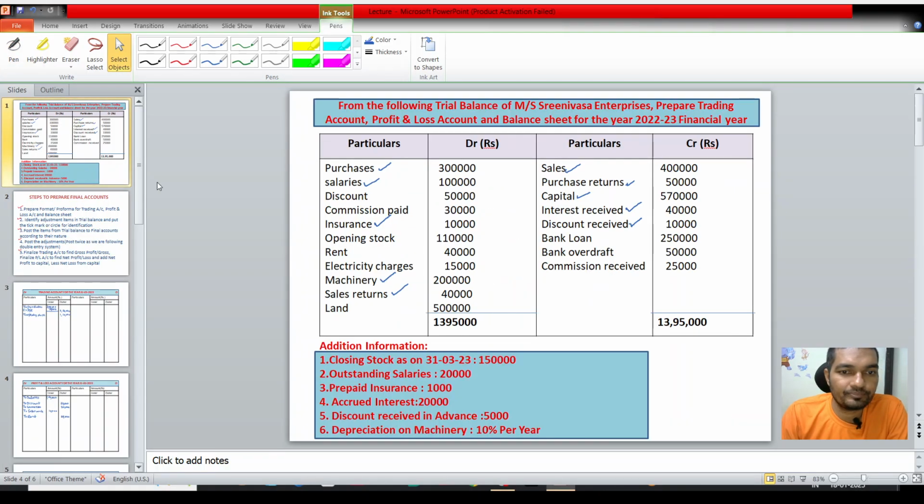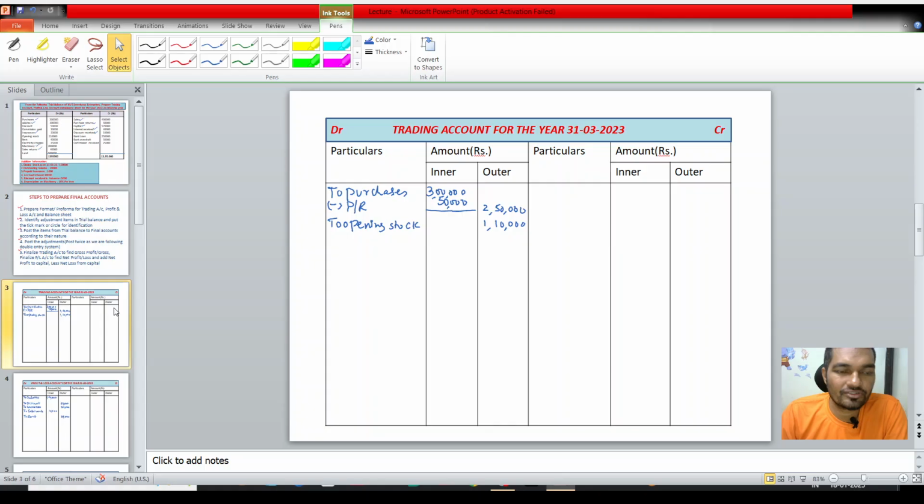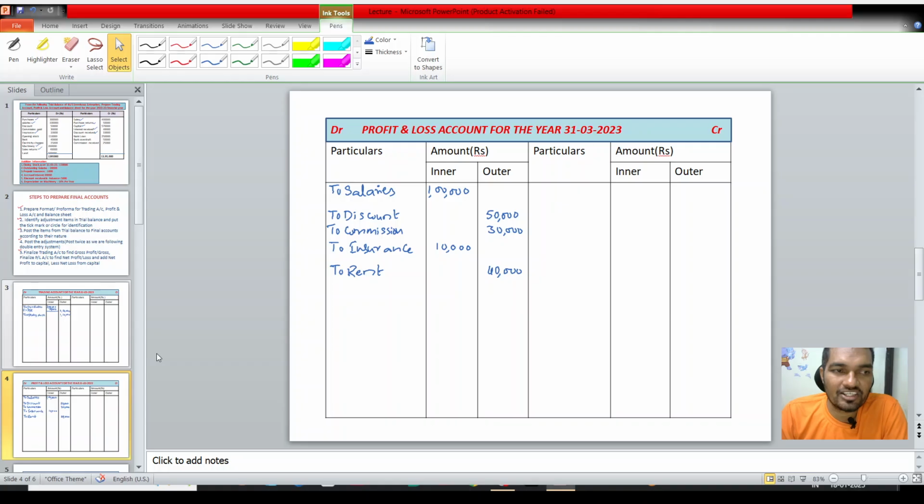The next one, electricity charges. Again, electricity charges incurred, like payment made at factory level. If electricity charges incurred at factory level, meaning electricity charges with factory in brackets is given, we have to show it on the debit side of the trading account. If electricity charges with office in brackets is given, we have to show it on the P&L account debit side.